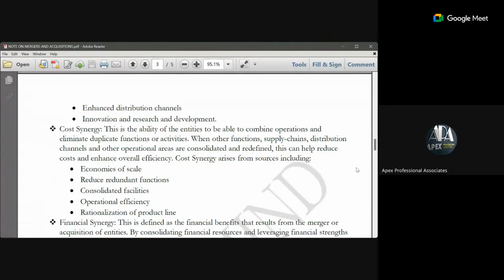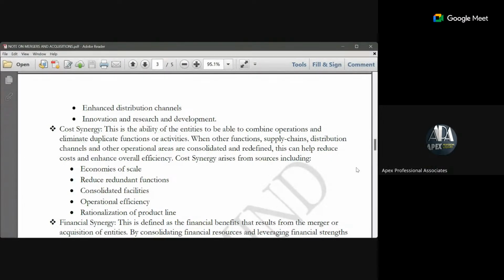So in the process of the acquisition, in the process of acquiring, definitely they would also take charge of all of their assets, all of their liabilities, all of their incomes, all of their expenses as well. They will definitely take charge of those things. So those are benefits derived from cost synergy.